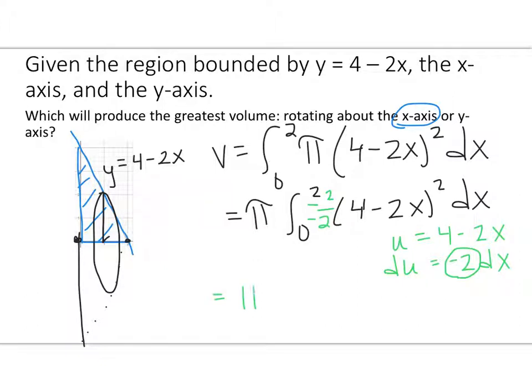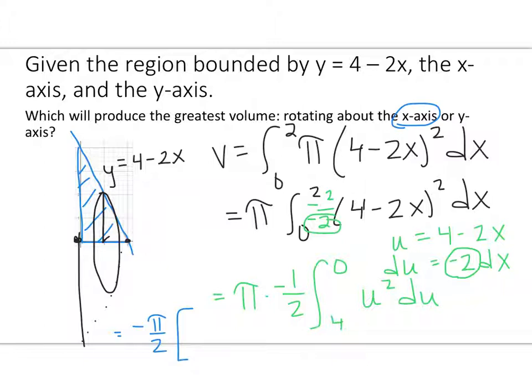But now I have pi times negative 1/2, because this guy moved outside. The integral, changing my bounds, 4 minus 2 times 0 is 4. 4 minus 2 times 2 is 0, of u squared du. So I have negative pi over 2, and I'm integrating u squared, so that's going to be 1/3 u to the third, evaluated from 4 to 0.